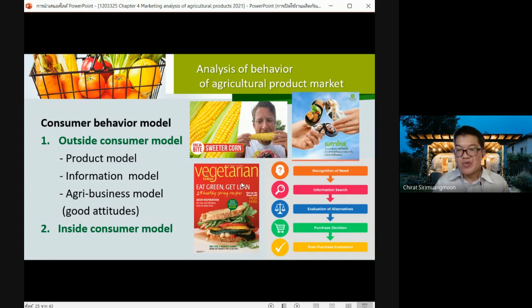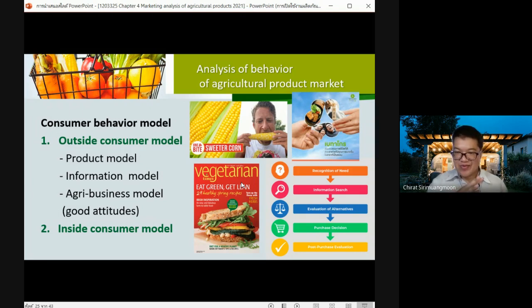something that's good for your health, you might think, okay, I need organic products. And then you do an information search: you search online, ask some people or read some articles about organic products. Then evaluation of alternatives. You compare the choices.